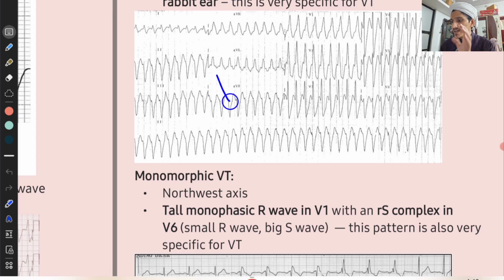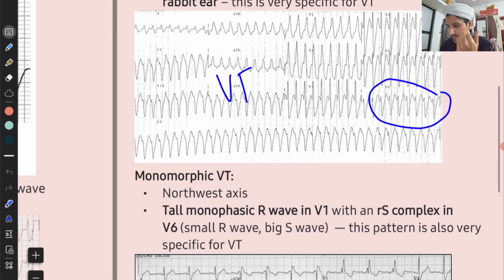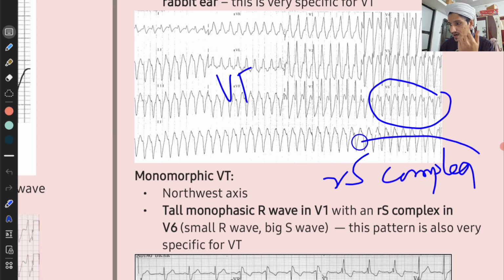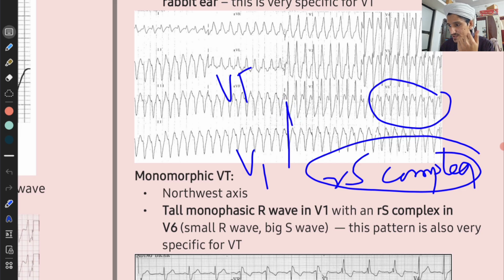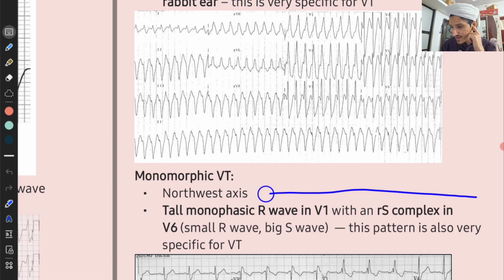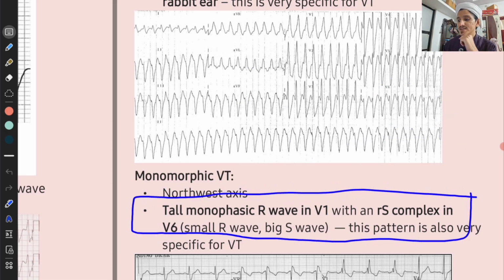Why is it VT? You should also see V6. In V6, if there is an RS complex, and in V1 a tall monophasic R wave, remember this pattern. This is also typical for ventricular tachycardia.